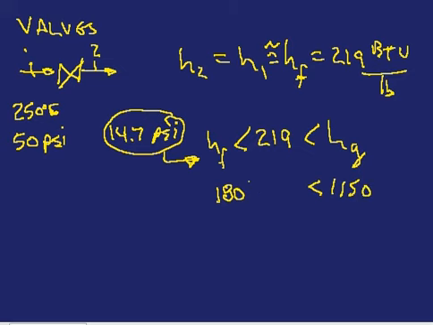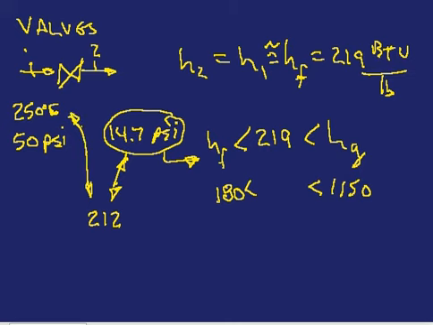So our 219 falls between there. In fact, we know it must be a mixture. So we can calculate the quality here, which I'll do in a minute. But if it's a mixture, and if it's saturated, and the pressure is 14.7, then the temperature must be 212 degrees. So we have nearly a 40-degree drop in temperature across that valve.